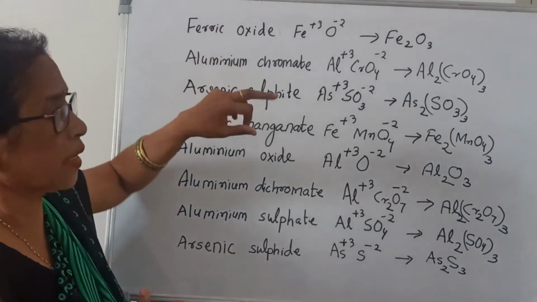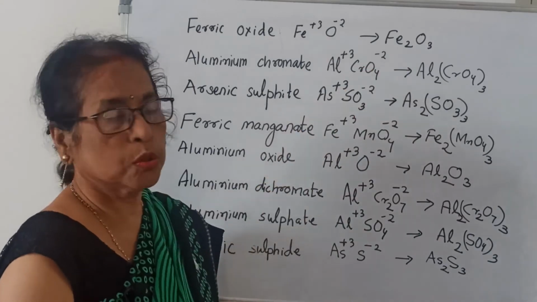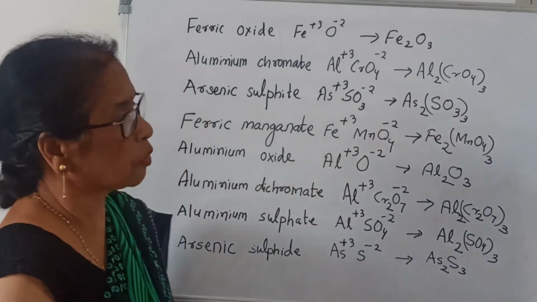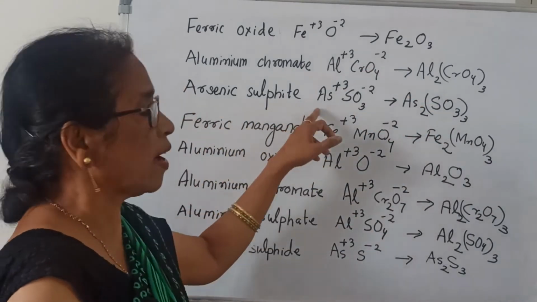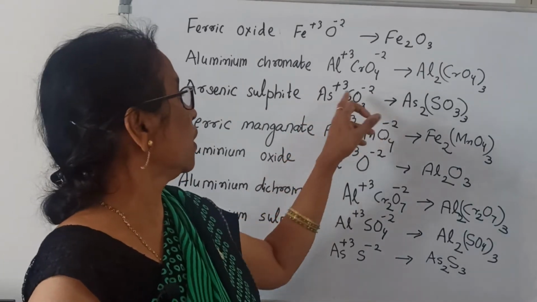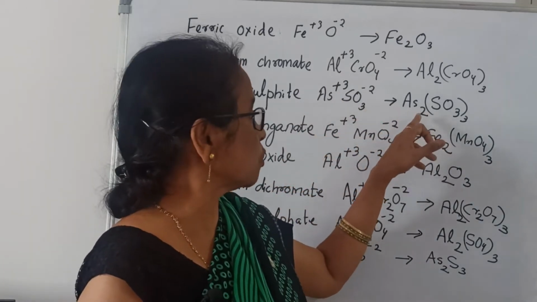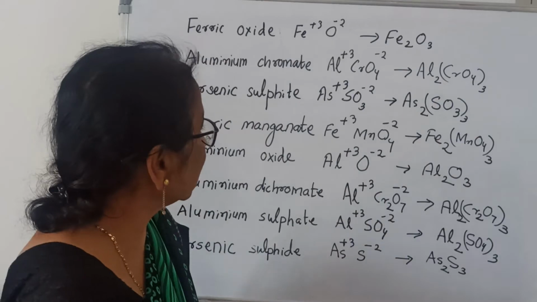Aluminium chromate: aluminium Al plus 3, CrO4 minus 2, so it is aluminium chromate. Arsenic sulphite: As plus 3, SO3 minus 2, so 2 will come here, 3 will come to SO3. So what is the formula? As2(SO3)3.